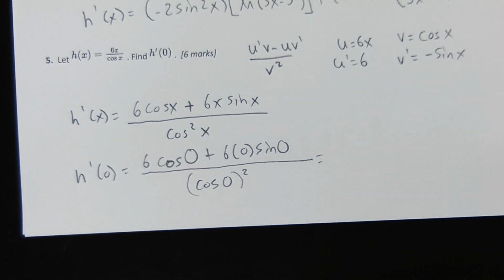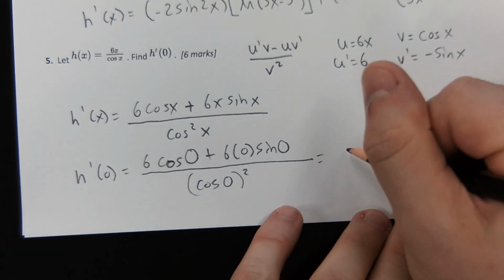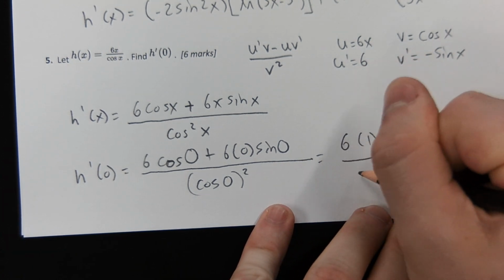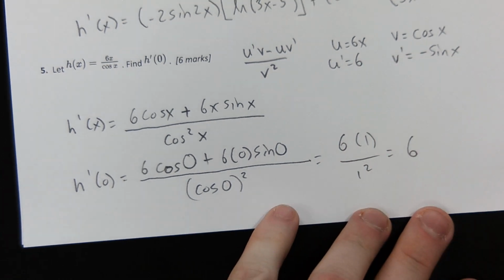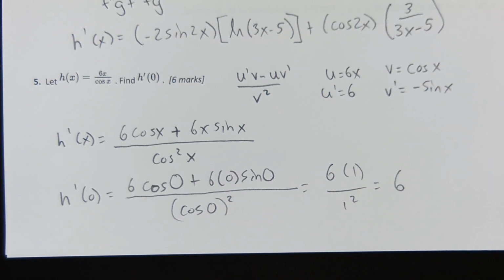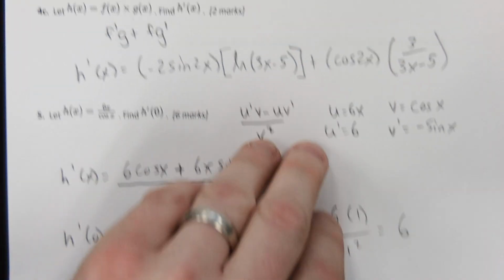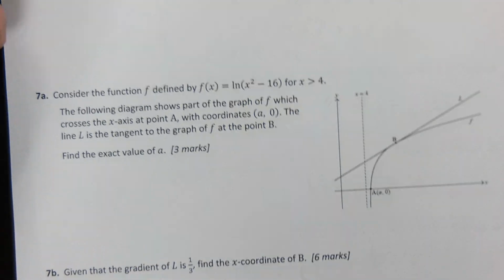It's 0. So at that point, all you need to know is that cosine of 0 is 1. Ta-da! 6 times 1 does not equal 1. It equals 6. I got that now. It's okay. Proximo.